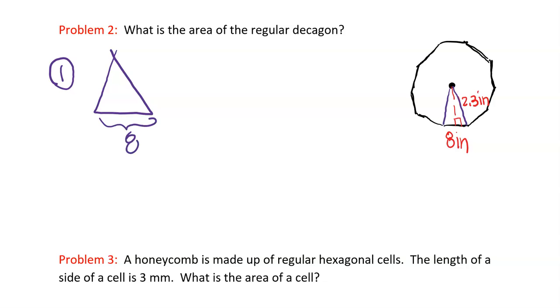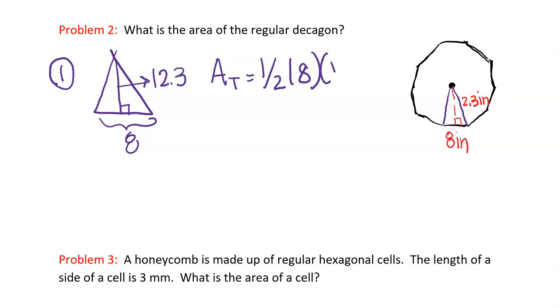Base is 8. Height, this time, they gave us is 12.3, and that one got covered up by my purple line there. So the area of one triangle is 1/2 times 8 times 12.3.